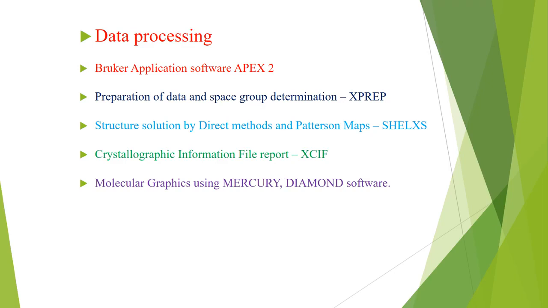When all this process is completed, that is, the X-rays are struck on the single crystal, and after passing through that crystal, these X-rays, when they strike the atoms present in the single crystal, are diffracted at certain angles and also pass through the planes present in the single crystal, and they form an X-ray diffraction pattern on the detector.